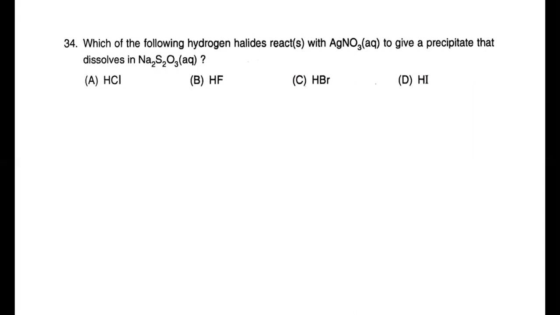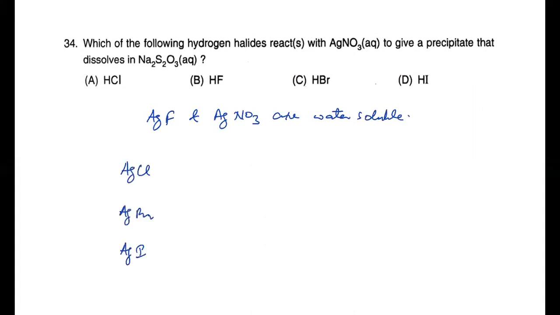So the concept over here is AgF and AgNO3 are water soluble. Except these two salts of silver, the rest are all water insoluble. So definitely AgCl will precipitate, AgBr will precipitate, and AgI will precipitate. These all are precipitates.